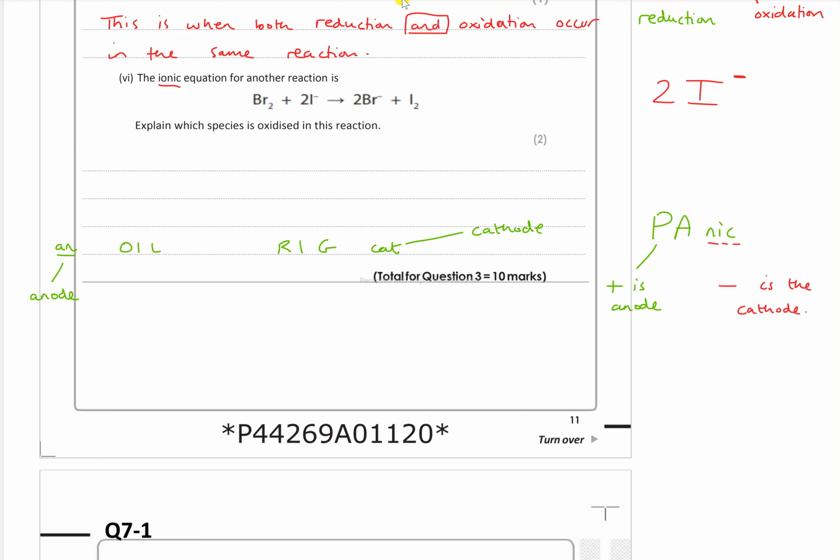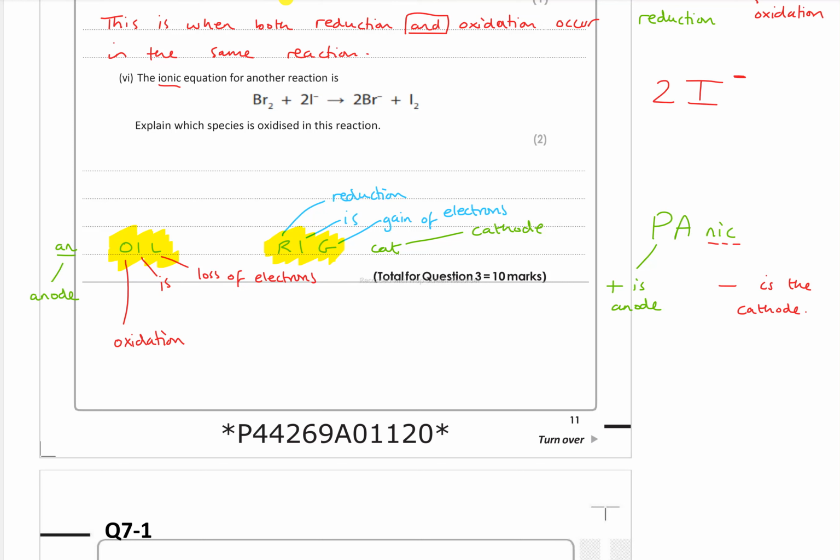That's how I remember it. OIL RIG: oxidation is the loss of electrons and reduction is the gain of electrons. OIL RIG CAT.